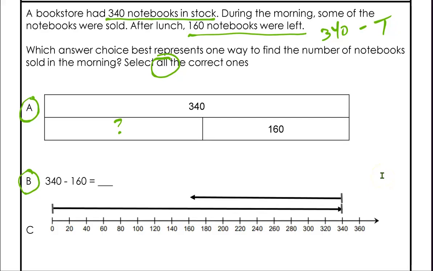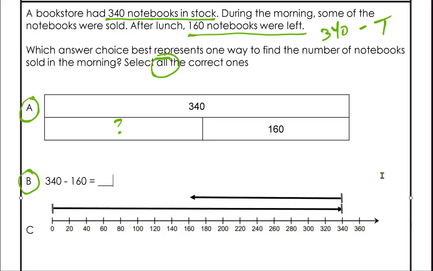Now let's look at C. Okay. Number line goes to 340 because that's a total, 340. Does it go to 340? Yes. Okay. Now it has to go backwards 160. Why?